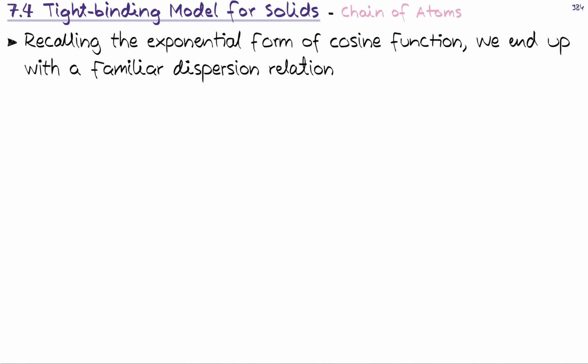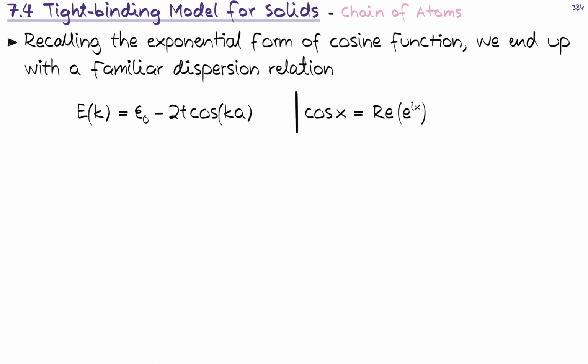So the familiar dispersion relation follows. The energy that we had on the right-hand side of the previous equation is now equal to epsilon naught minus 2 times t times cosine of ka. Please note, cosine of x is essentially the real part of exponent ix. So it's of this form, like I mentioned already.